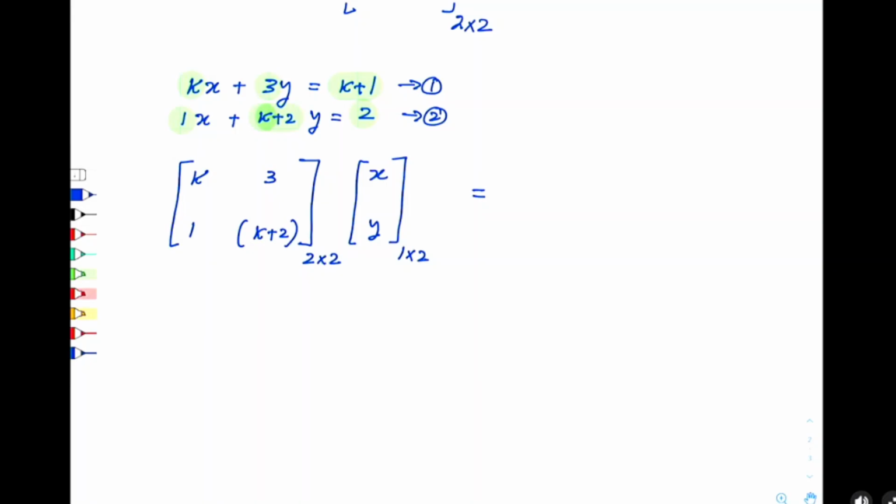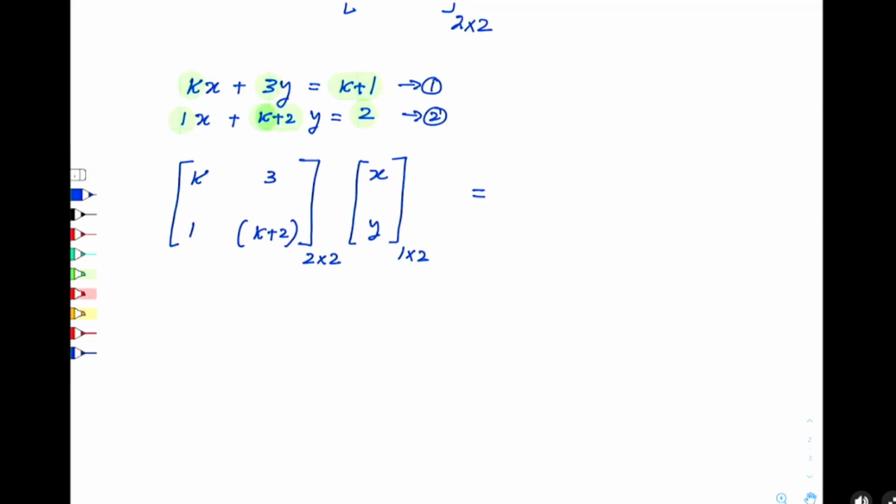Now here you have a multiplication in between, right? So this is a matrix multiplication. I told you last week, matrix multiplication is a row column multiplication. This row is going to be multiplied with this column, and this row with this column. So we have to make sure that happens.